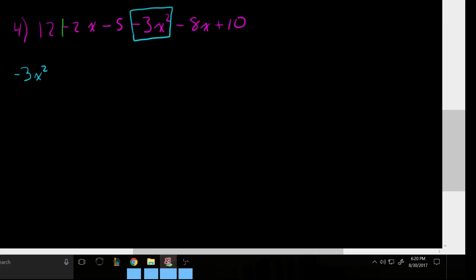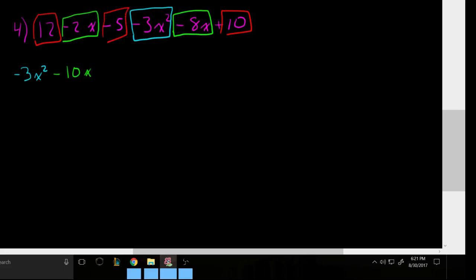Next up, I have a negative 2x and a negative 8x. Negative 2x minus 8x is negative 10x. After that, I've got a positive 12 and a positive 10 and a negative 5.